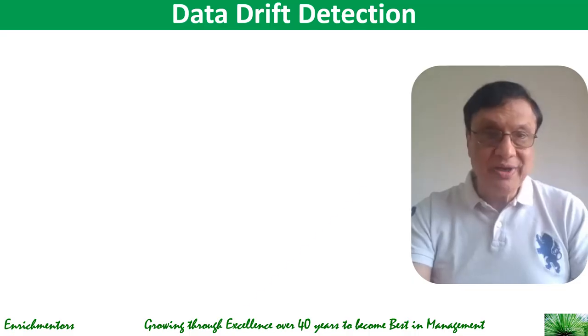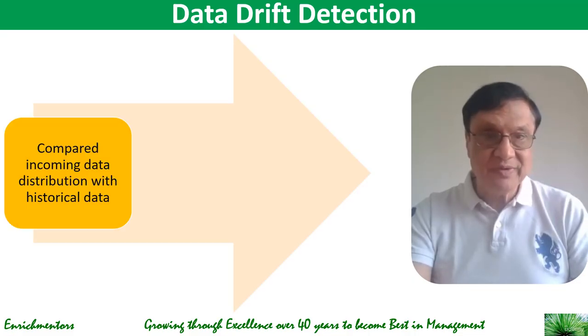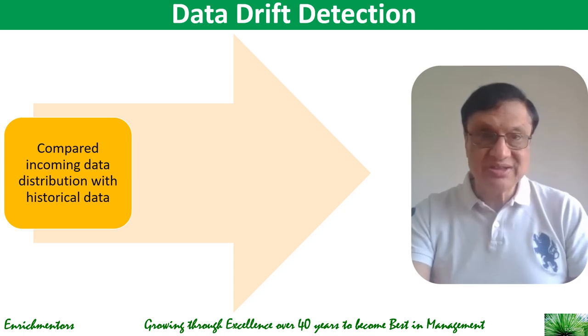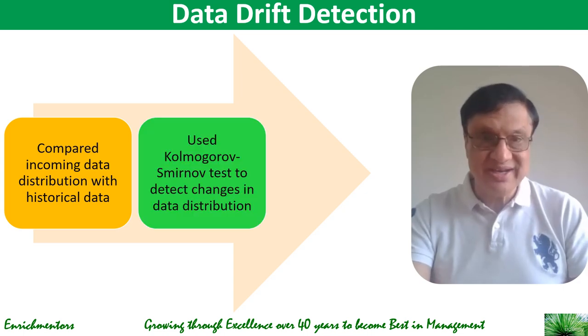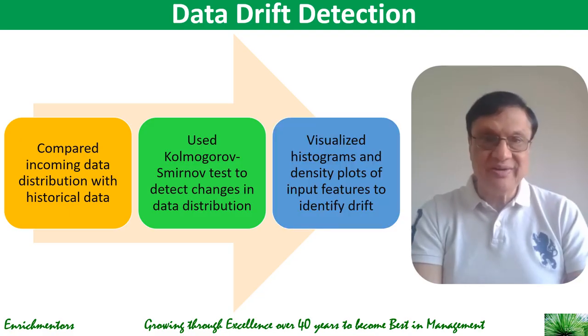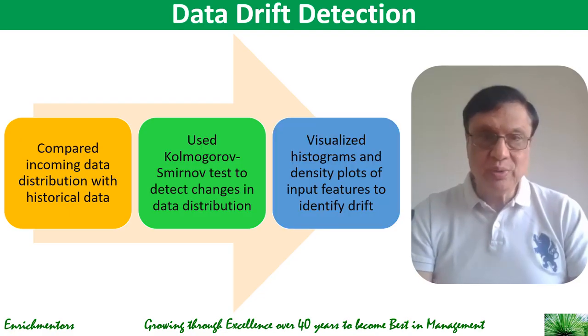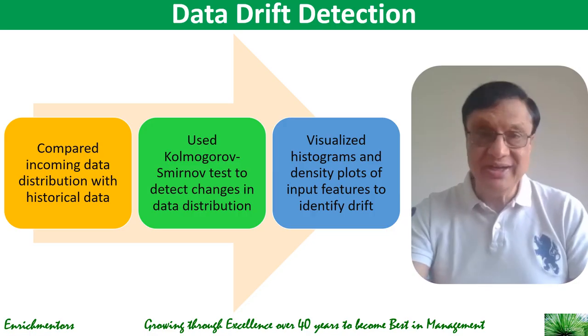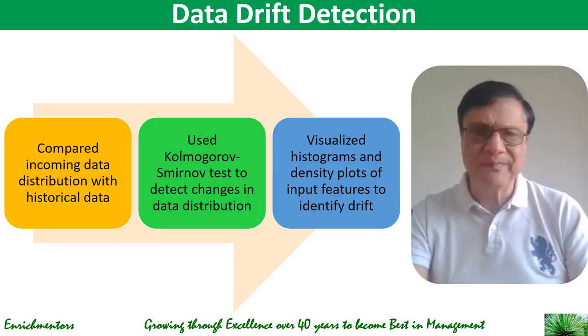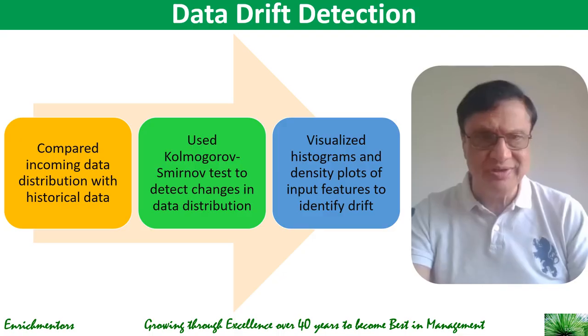Then they compared the incoming data distribution with the historical data, using statistical tests like the KS test to detect changes in data distribution, and visualized histograms and density plots of input features to identify any drifts happening after the deployment, for a few months, let's put it this way, or even a few weeks.